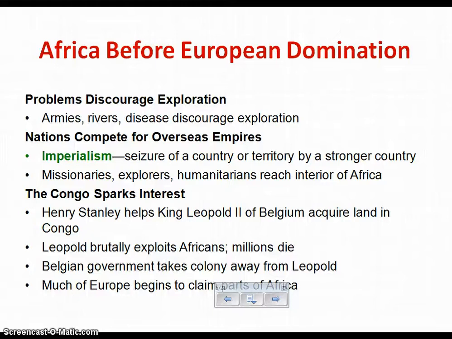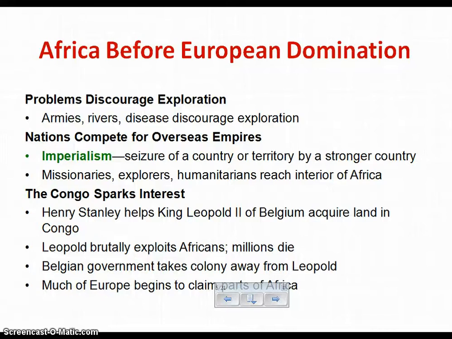From this point, Henry Stanley ends up going to start exploring this river in the area of Congo. King Leopold II of Belgium gets very curious about what Stanley's doing. And so Stanley ends up going to small towns where tribe leaders are in Africa. And he starts saying, hey, you should sign over the rights of your land to Belgium.